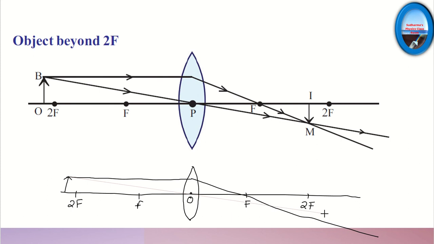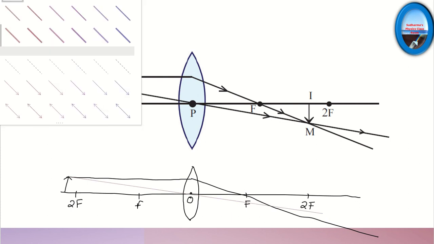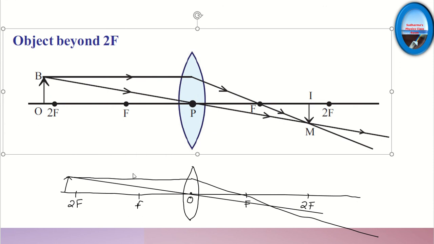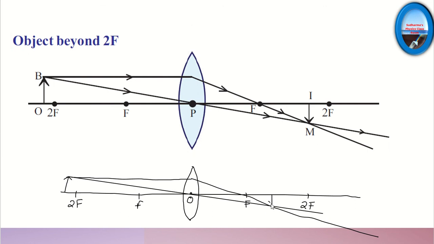I've used a clear straight line here. Okay, so it passes undeviated, and now you can see an image is formed between f and 2f. Image is formed between f and 2f. Again, don't forget to draw the arrows because it's a ray diagram.